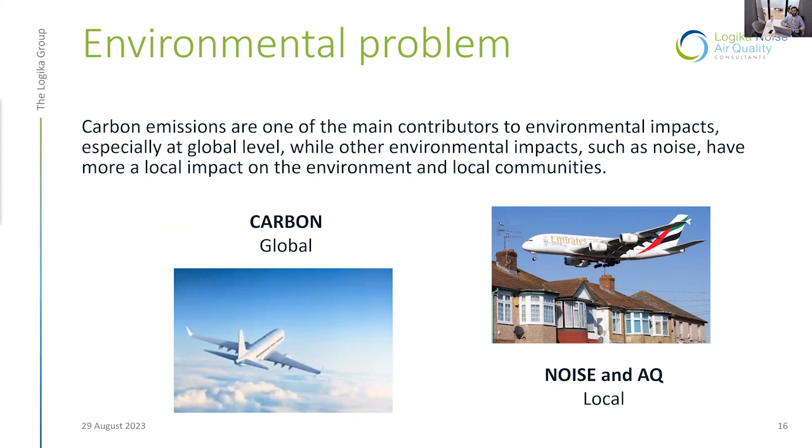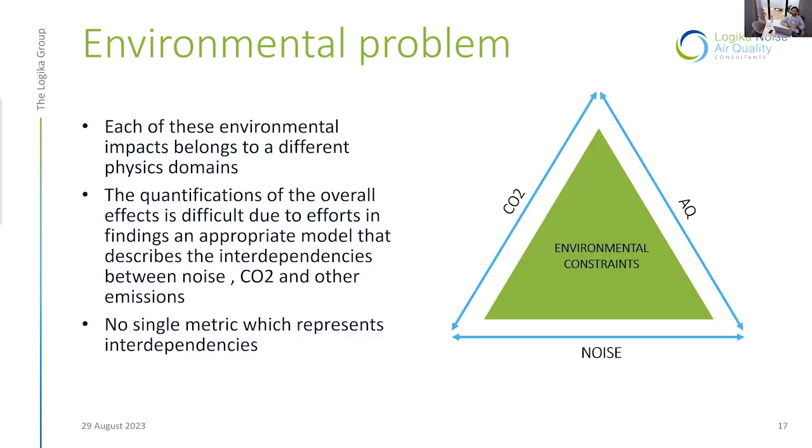they all belong to different physics spheres. So carbon emissions, for example, is one of the main contributors of environmental impacts, especially at global level. But then we have environmental impacts such as noise and air quality that have an effect more on local level. They belong to different physics domains, so they're measured in different ways.